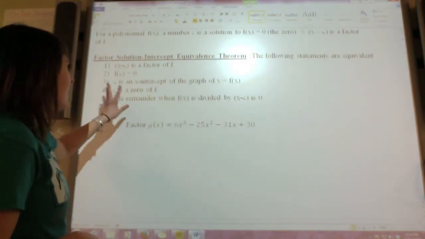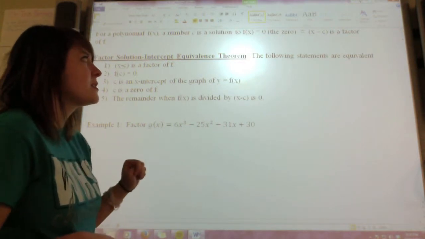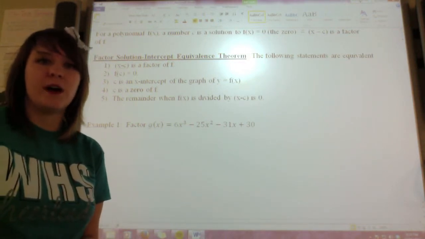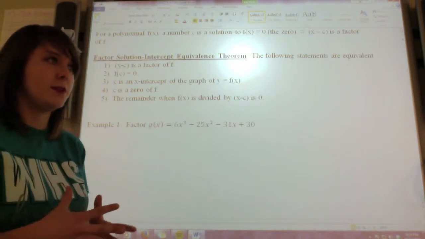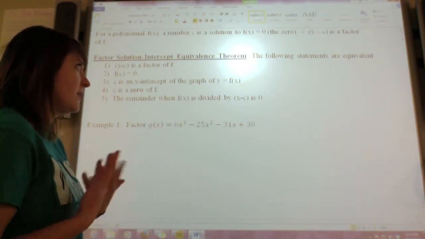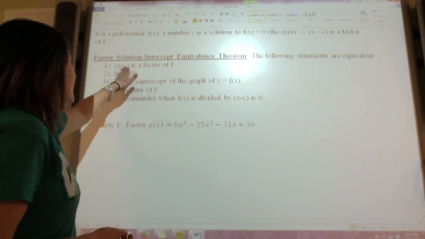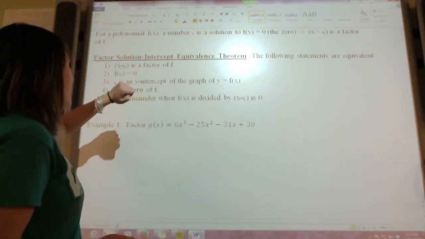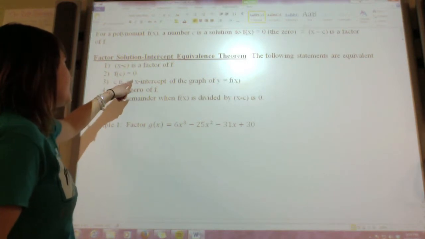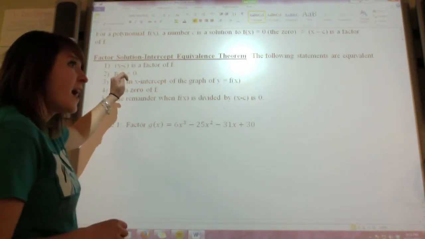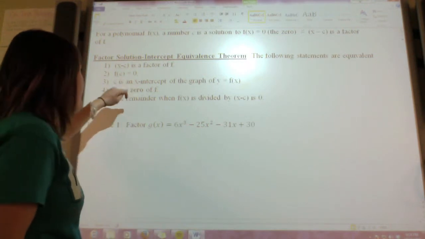We also have the factor solution intercept equivalence theorem. And this is really important because just from knowing that something's a factor, we can deduce a whole bunch of other things about it, other statements that are equivalent. So if I know that x minus c is a factor, not only do I know that f of c equals 0, in other words, if I plug that number in for x, I get a 0 for y.